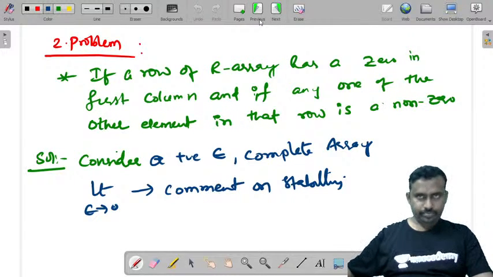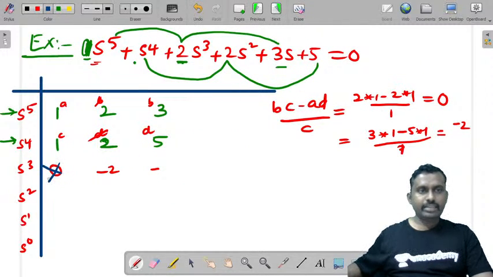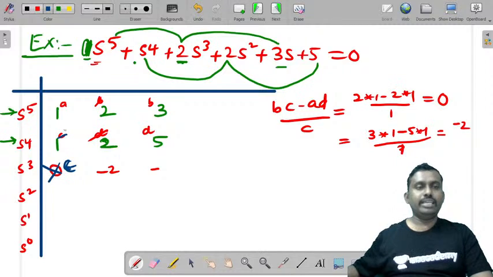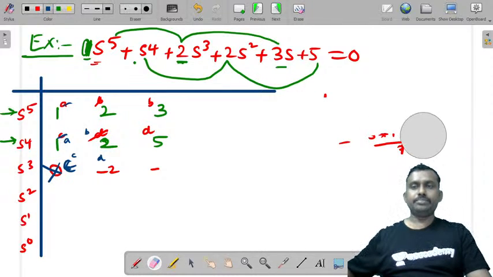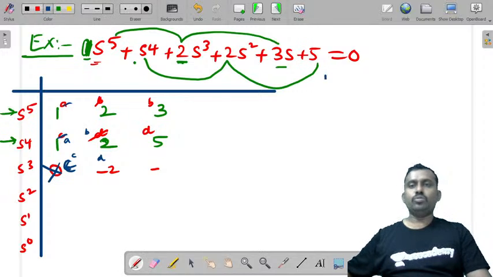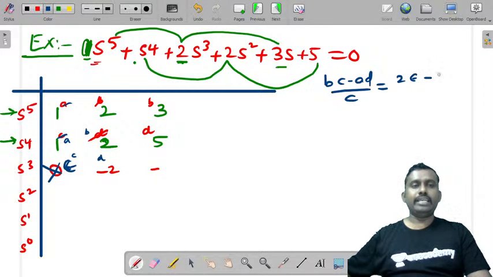Let's do that. Now this must be replaced by a positive number epsilon. Now let us try to find the coefficients. So what is this coefficient? Now this will be A, B, C and D. So what is BC minus AD now? BC minus AD by C is: B is 2, C is epsilon, minus A into D, minus of minus, that will be plus 2, by epsilon.